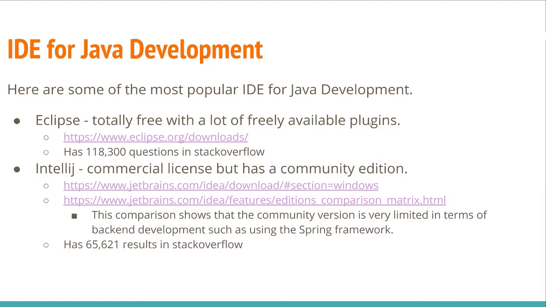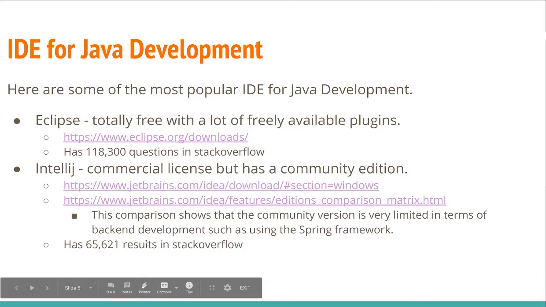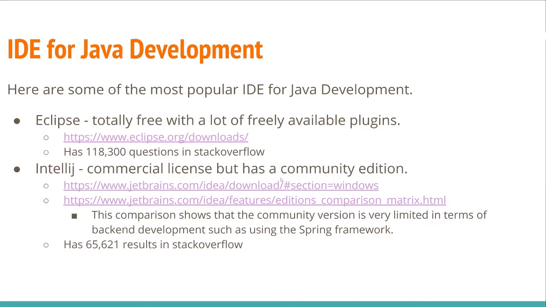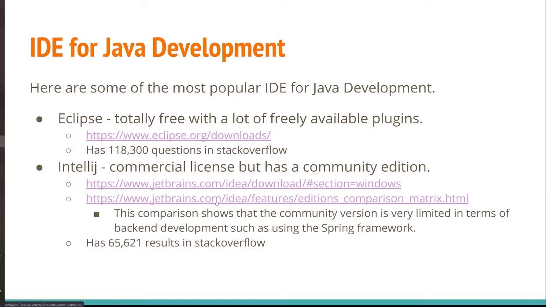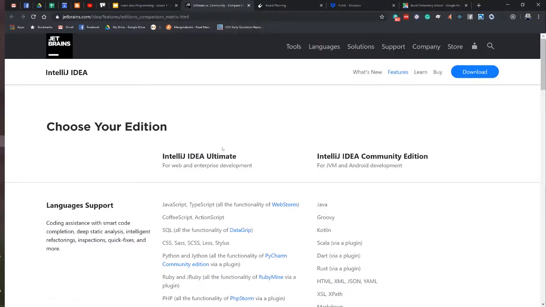It has 118,300 questions in Stack Overflow compared to, for example, IntelliJ, which has around 65,000 results in Stack Overflow. Going to the next one, IntelliJ, it has a commercial license, but it has a community edition. Now, if we look at this link, we will see the comparison between the Ultimate and the Community Edition.